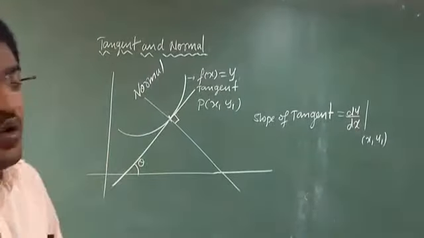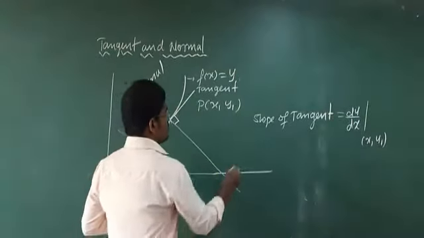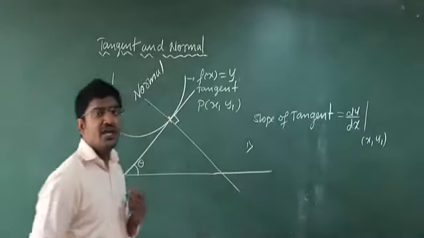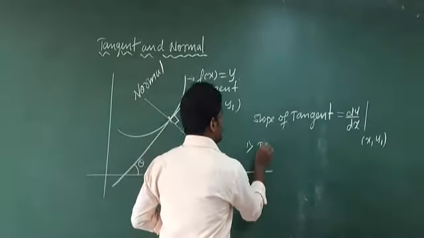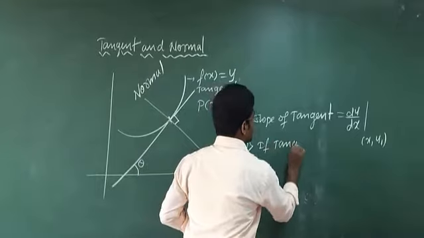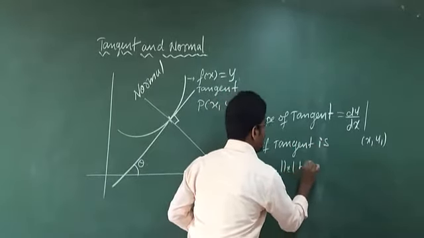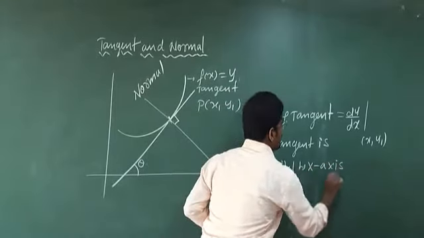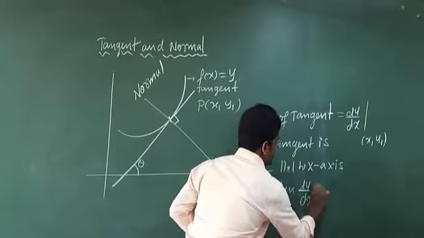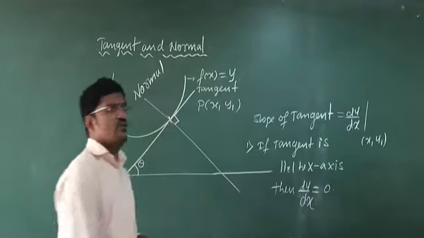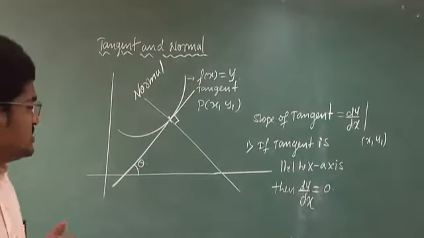So from that you can write three important points. First, if the tangent is parallel to the x-axis, then dy by dx will be equal to 0. That means the slope of the tangent will be equal to 0.